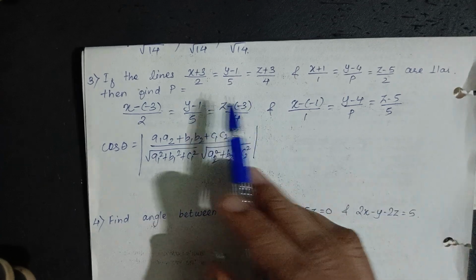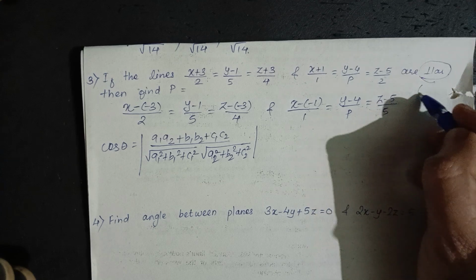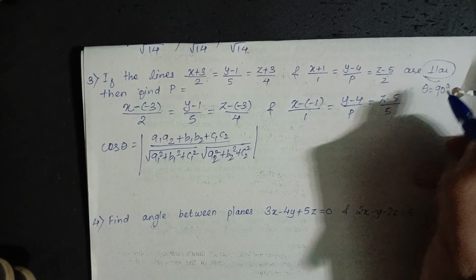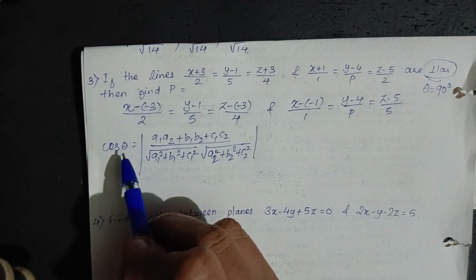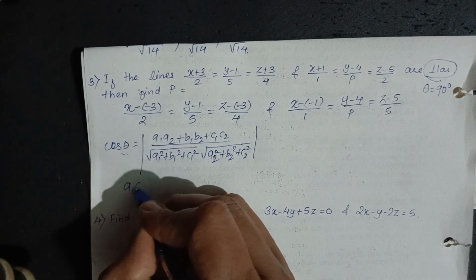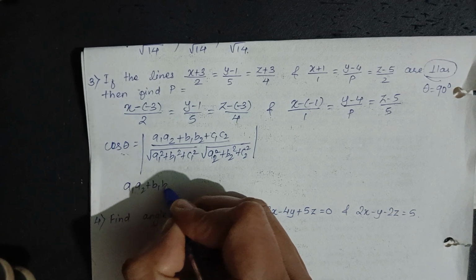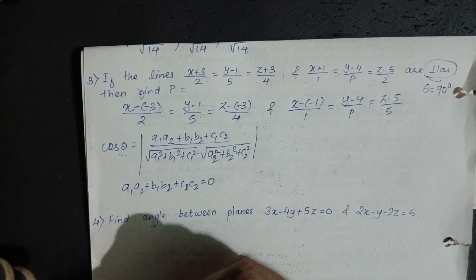Now the information given is that they are perpendicular. Perpendicular means theta is 90 degree and cos theta is 0. So whenever theta is pi by 2, which is 90, we have a1 a2 plus b1 b2 plus c1 c2 equal to 0.